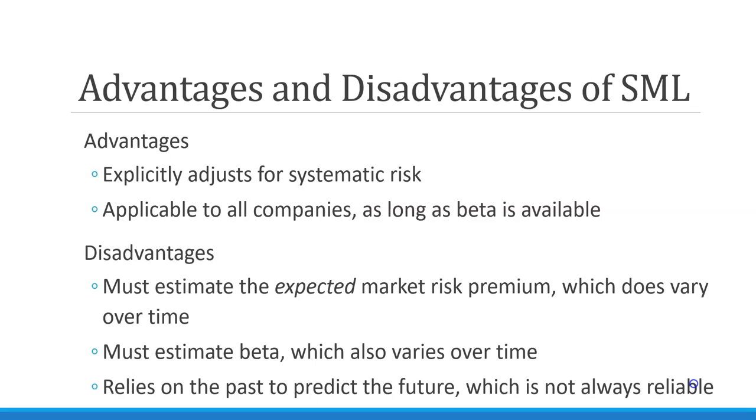We have to estimate the beta if we don't automatically have it, and the beta also changes over time. And it relies on past information to predict the future, which is not always reliable, because we know that events can happen that change things within a day.